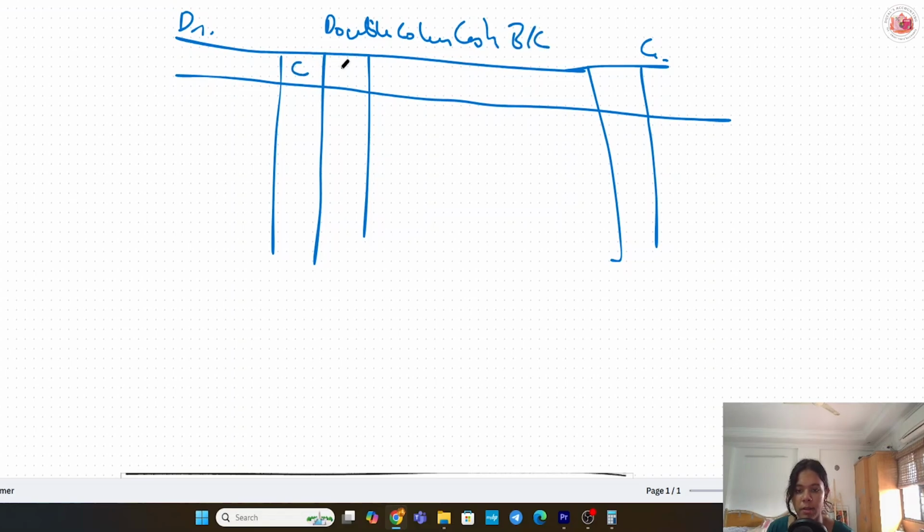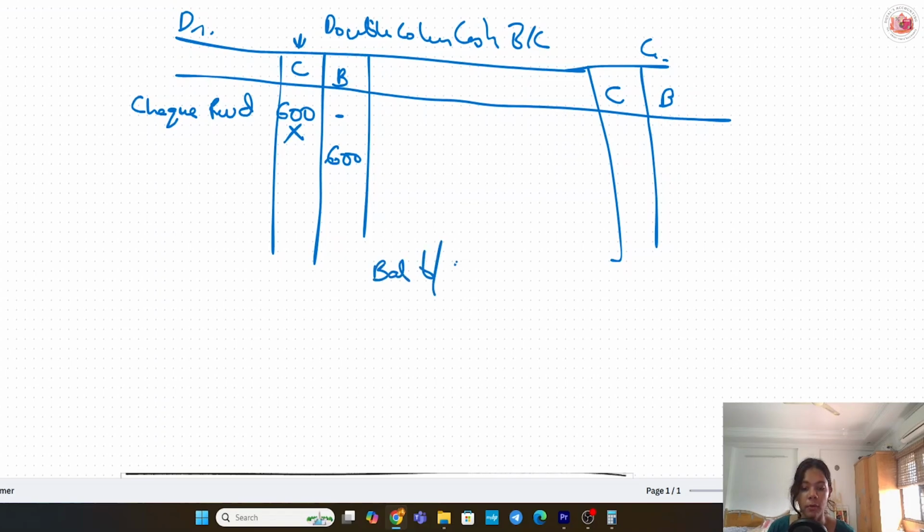This is my cash balance, my bank balance. So what has this man done? Check received. He has wrongly written it in the cash balance, not the bank balance. He should have mentioned it in the bank column, but he has mentioned it in the cash column. So when my balance is brought forward, my cash balance is more by 600 rupees, but my bank account balance is less by 600 rupees, right?